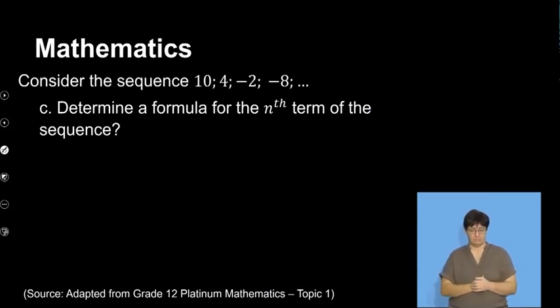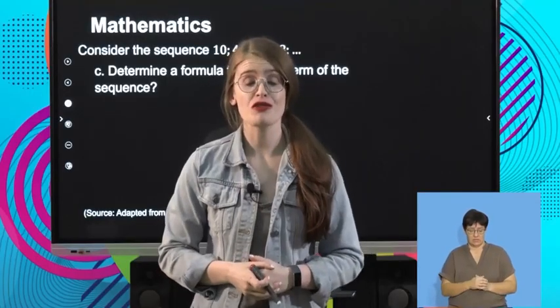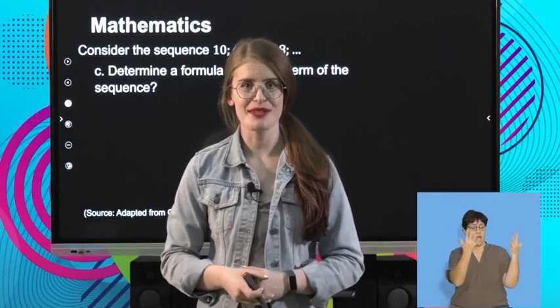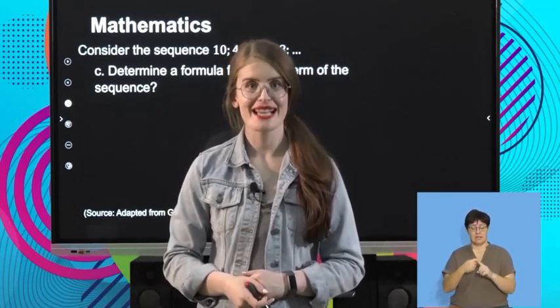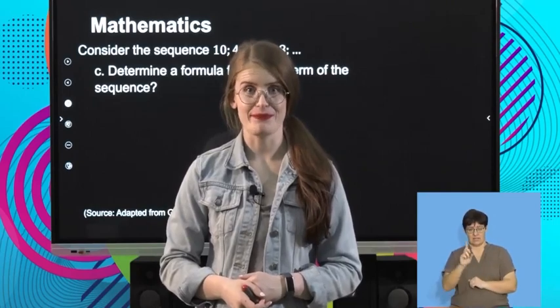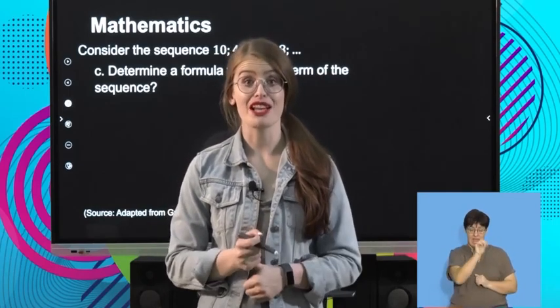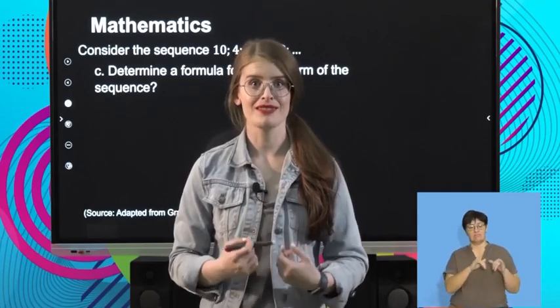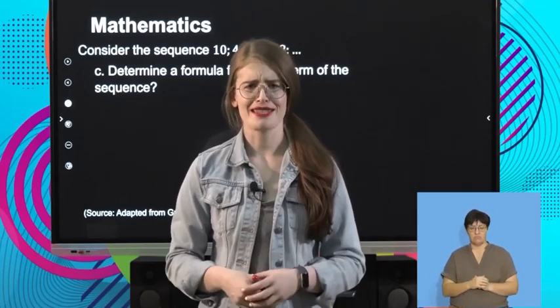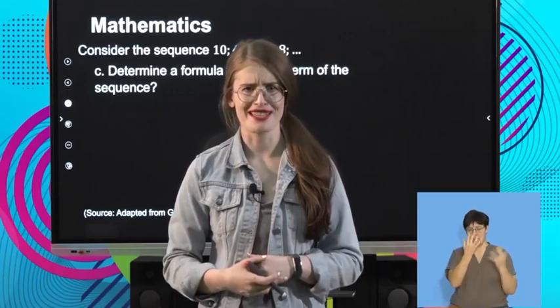Right, the next question is asking me to determine a general form for the sequence. We know that the general formula for an arithmetic sequence is Tn is equal to a plus (n minus 1) d. We know that a is the value of the first term and d is the common difference. Let's write it down and actually determine this formula together.